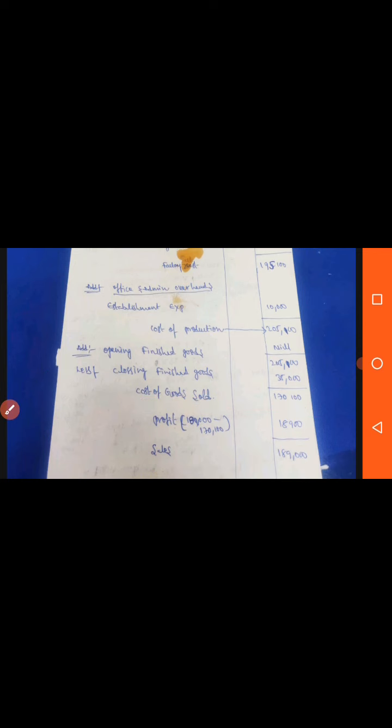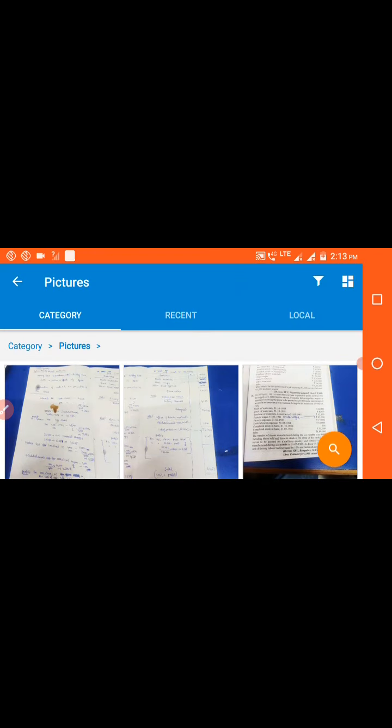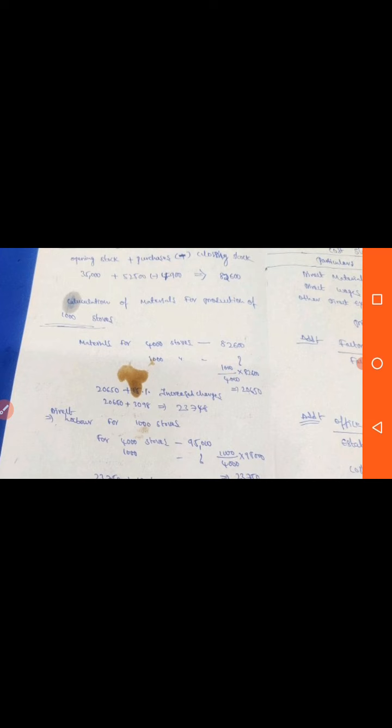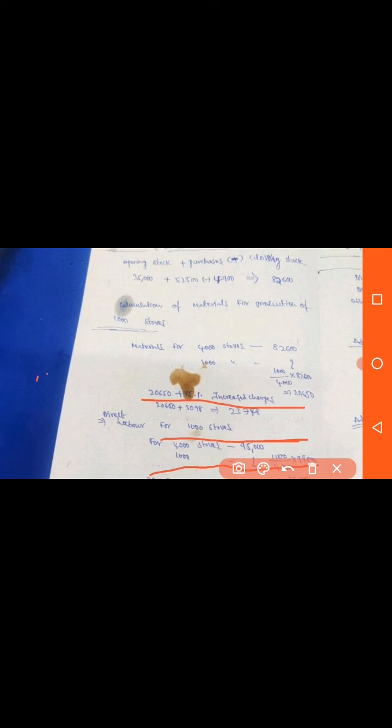Next, calculation for 1,000 stoves, the new quotation. Calculation of materials for production of 1,000 stoves.